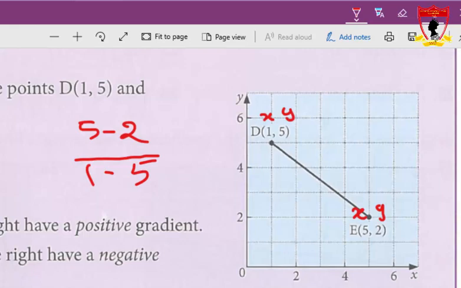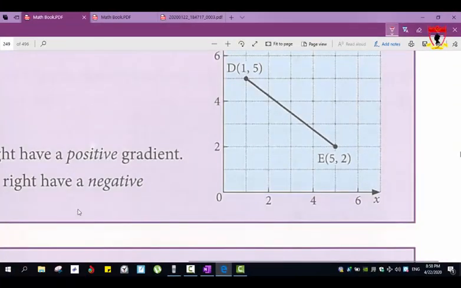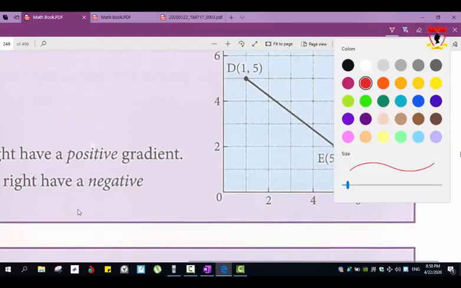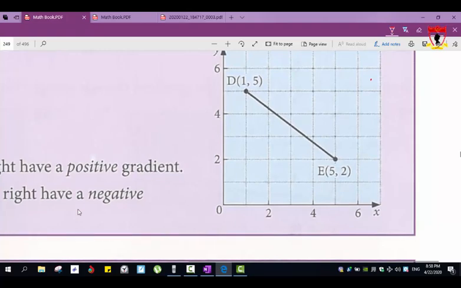To make this process even simpler, I prefer to do it like this. The 2 points that you mark first on the line, this point is higher, so consider this point as x2, y2. It's just name. And this one is lower, so this is x1, y1.